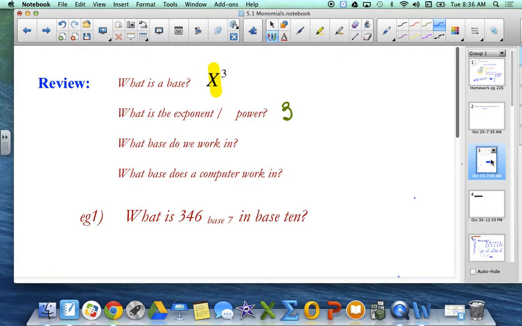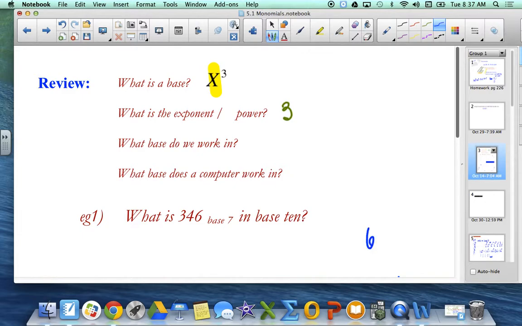All right, well, if you think about it this way, that's 6 times 7 to the 0 power, right? Plus 3 times 7 to the first power plus, sorry, that's wrong. Time out. Start again.